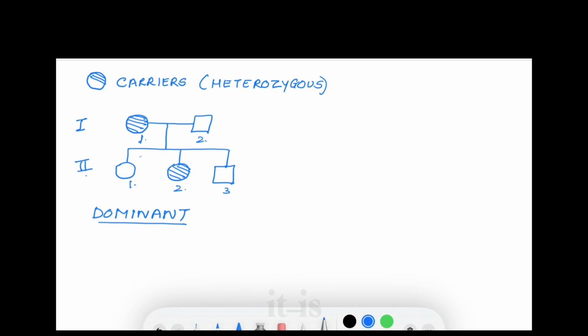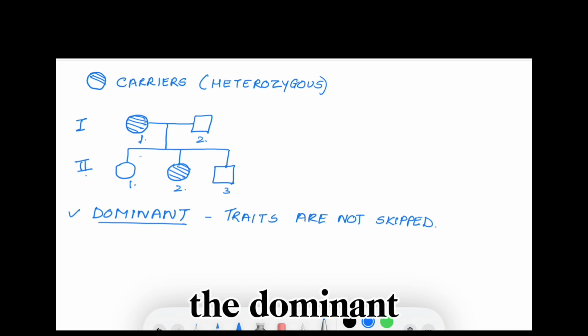It means it is a dominant trait. In a dominant trait, the traits are not skipped. It means we can see the trait in every generation. So that is how we recognize a dominant trait.